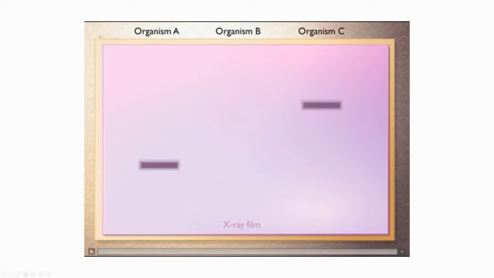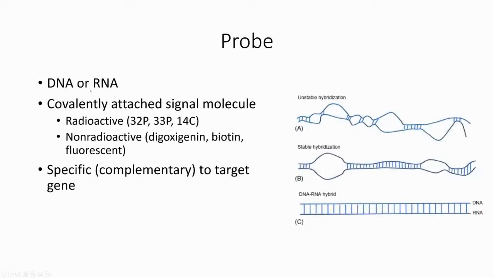So this is a typical Southern blot procedure. Then the detection method detects the presence of the target DNA. For both Southern blot and Northern blot, the detection of signal is similar.